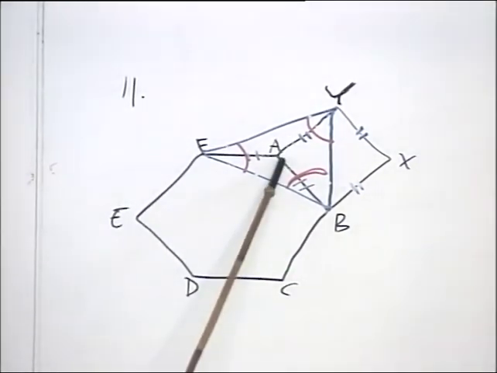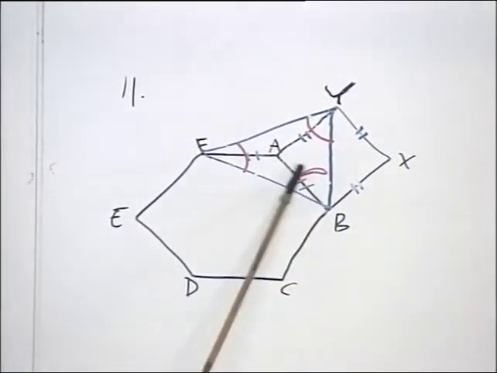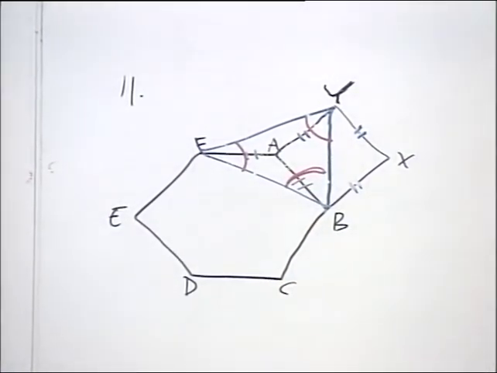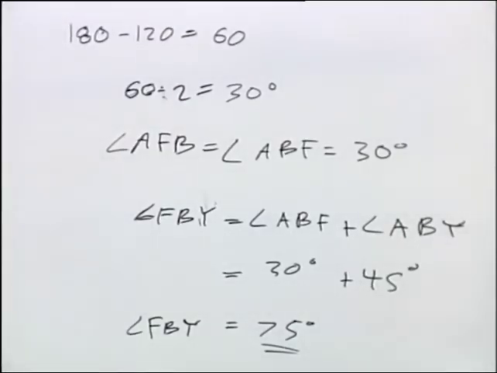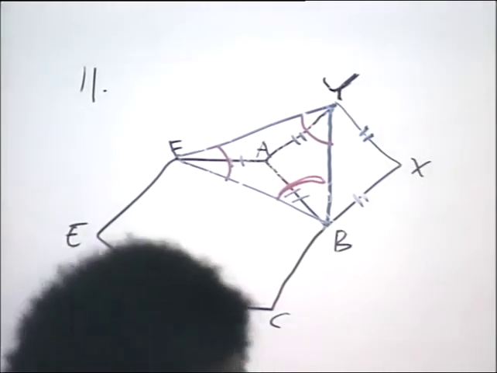So this is 90 degrees, therefore this is 45 and 45. So this angle here is 30 plus 45, which is 75 degrees. Is that clear now? You should have worked it out. It's 45 because it's only true in a square.